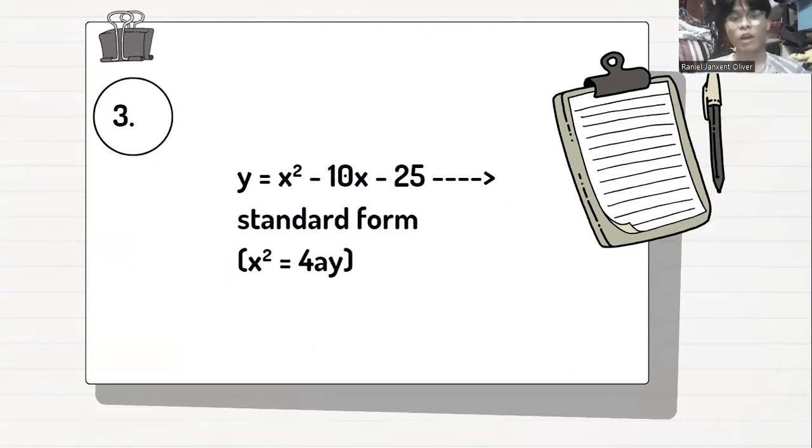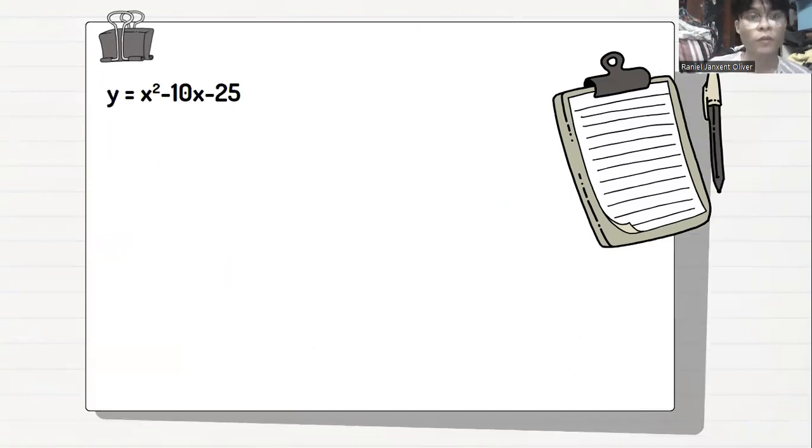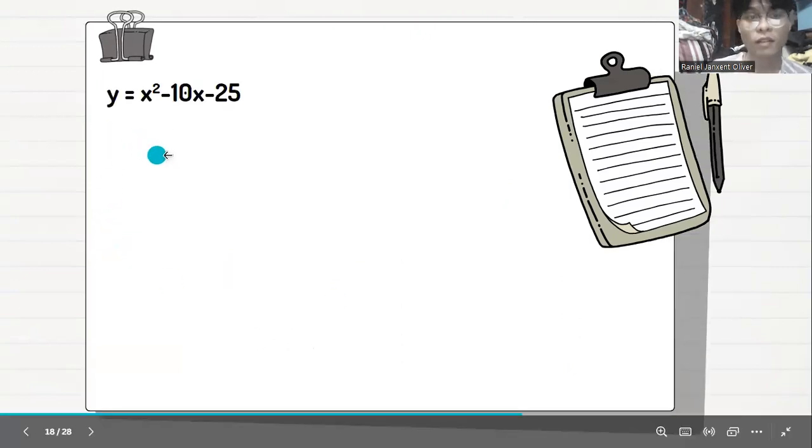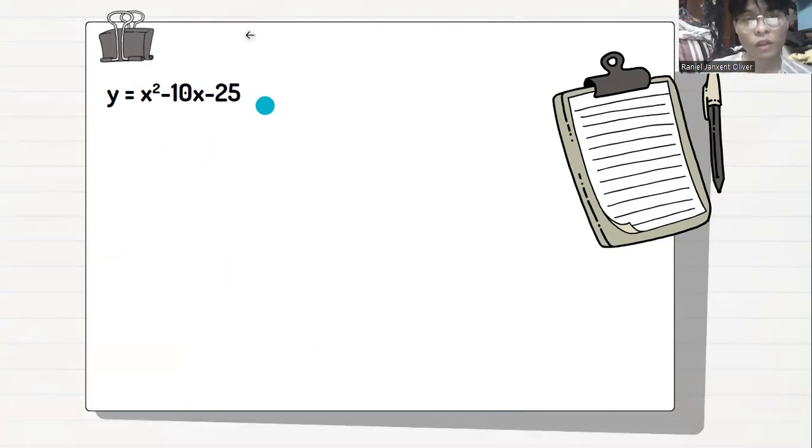And now for the final question, the third one: y equals x squared minus 10x minus 25. Convert it into a standard form. First, we need to study this equation. We can see that it is not a perfect square trinomial. Why is it so? Because the sign of the constant number is not positive.